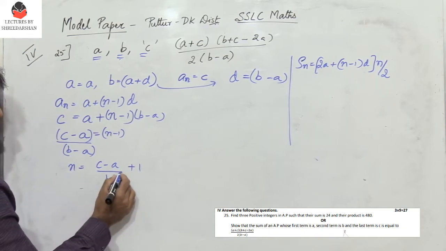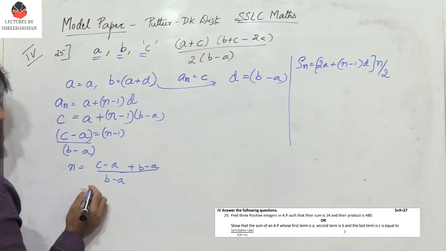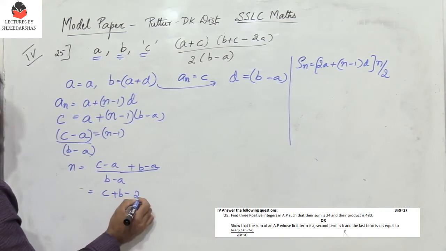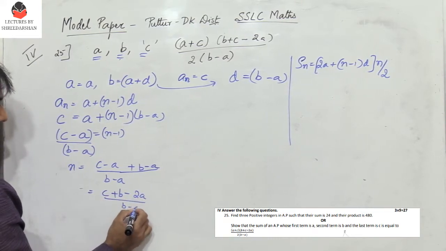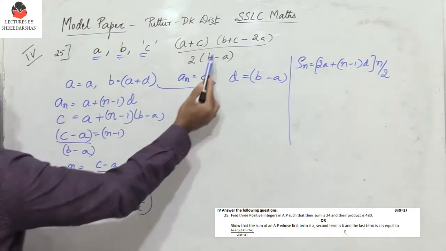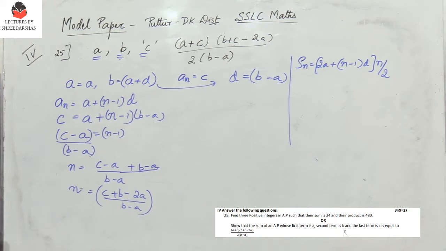So I take LCM. If I take LCM, I get plus b minus a, or you get c plus b minus 2a divided by b minus a. This is n. So remember, I've already got c plus b minus 2a divided by b minus a. So this is already there.